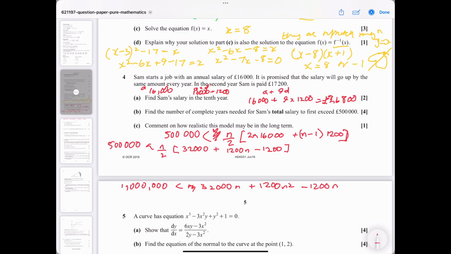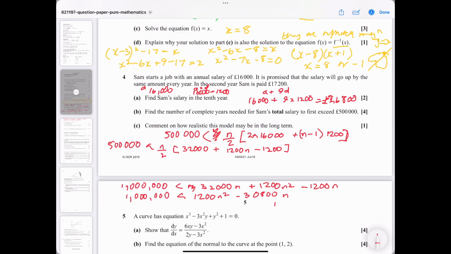So that means we have on this side 1 million, and that's less than 1,200n squared, and 32,000 minus 1,200 equals 30,800n.